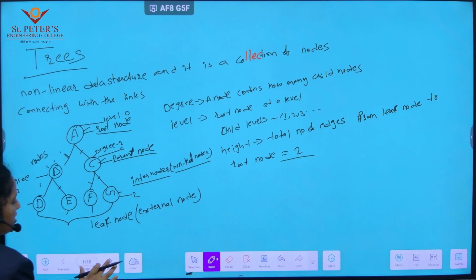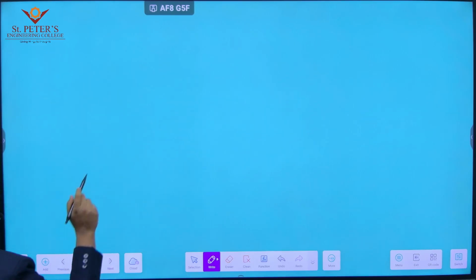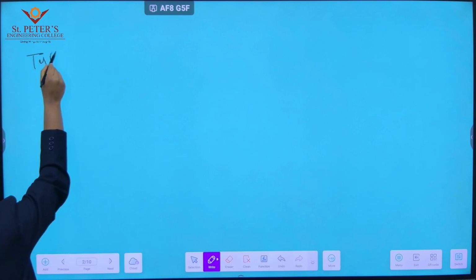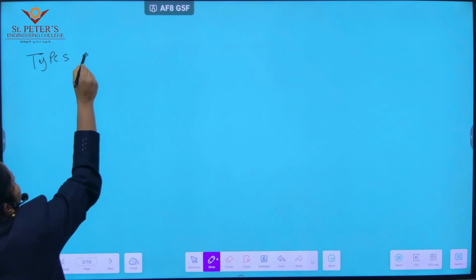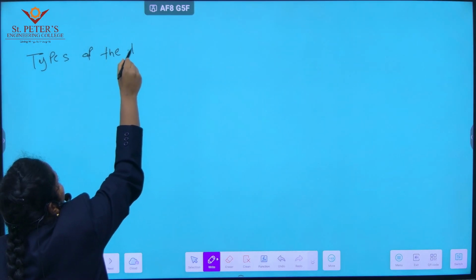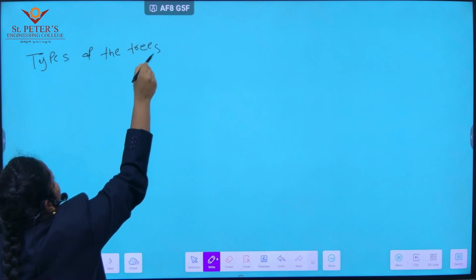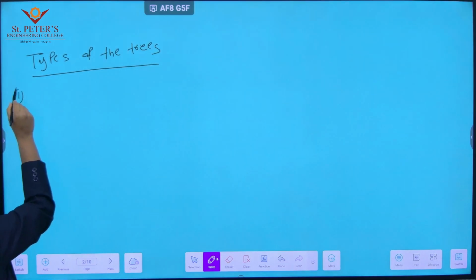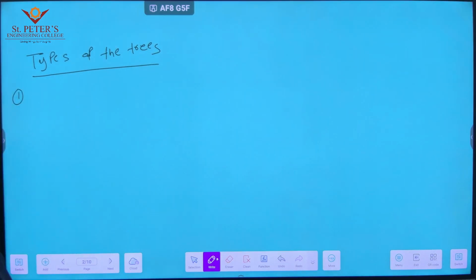Next, we will discuss types of trees. There are a total of 4 types of trees.